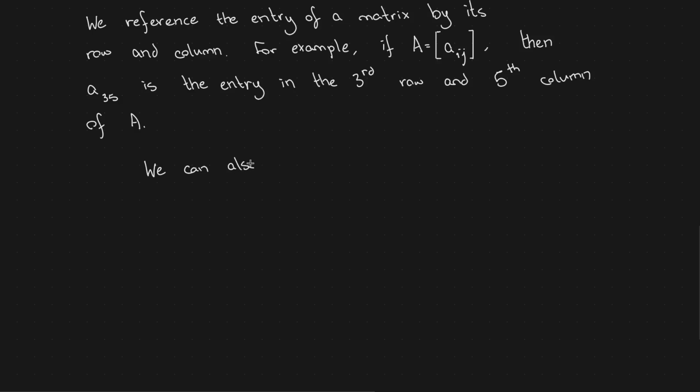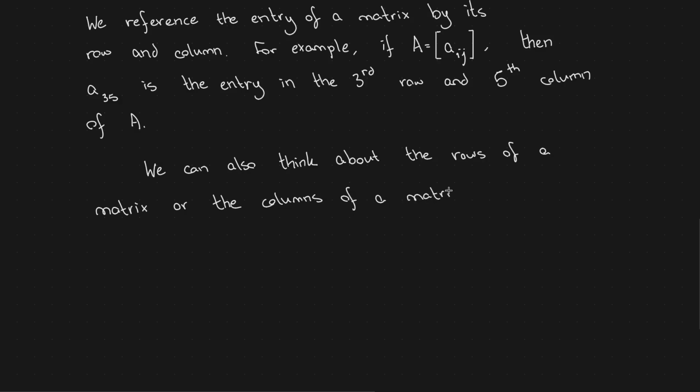We can also think about the rows of a matrix or the columns of a matrix as vectors.